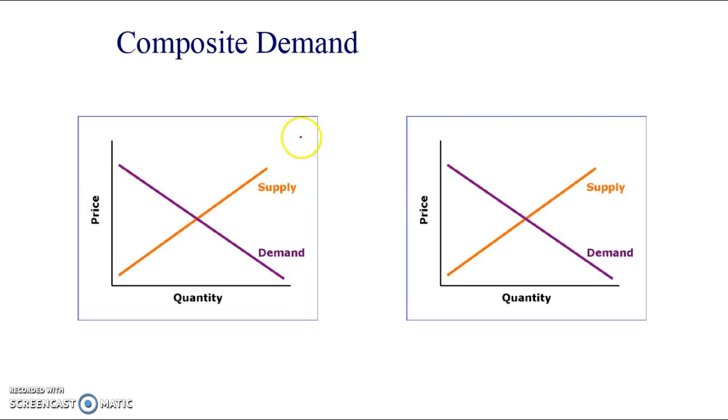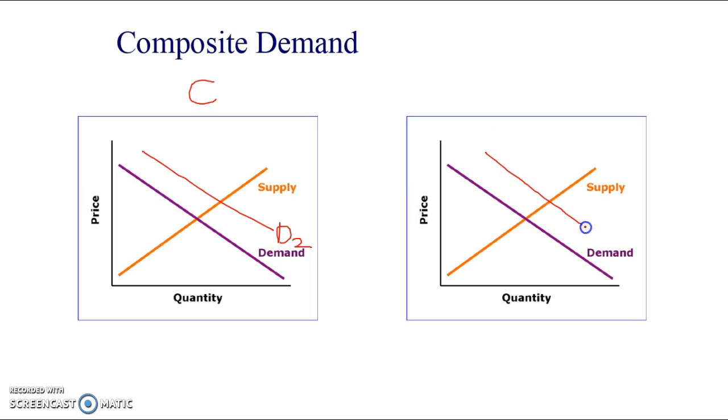So again, if we have a look at this, say this is the demand for, I'm going to call it C, for cheese. Say the demand for cheese increases, so we've got D2 there. Because milk is a component of cheese, we're going to see the demand for milk as well.